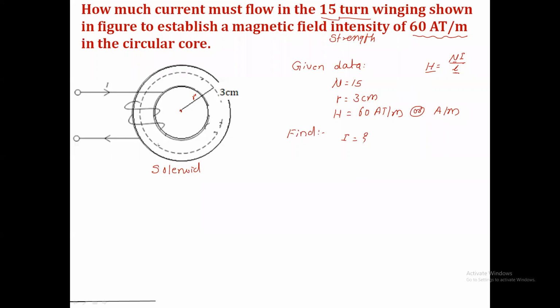It means that if I want to use this formula, first I need to calculate L first. So let me try to calculate that. L is equal to 2 pi r, which is equal to 2 pi into 3 centimeter, that is 3 into 10 raised to minus 2. Can you give me that answer for this L?